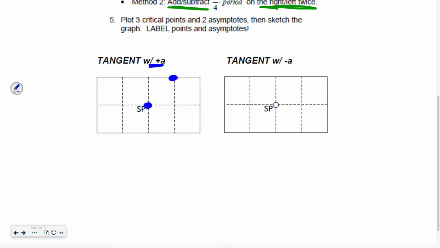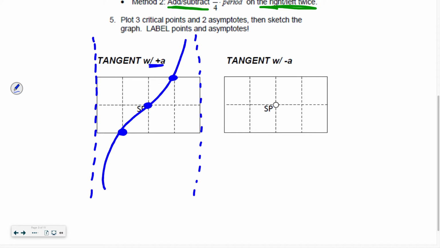So here you're going to have a max point on the frame, but it's going to continue, so it's no longer the maximum. And then you're going to go straight to the minimum. On the sides, you draw asymptotes. So the asymptotes are on the sides of the frame, and then you get that nice curve in the middle.